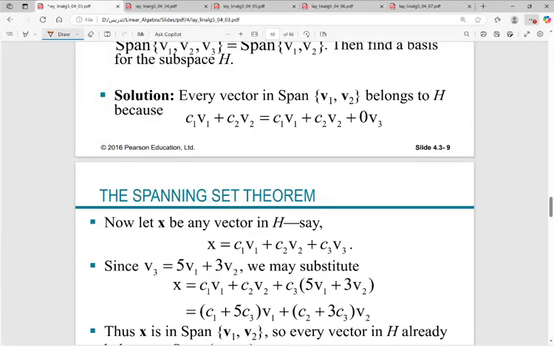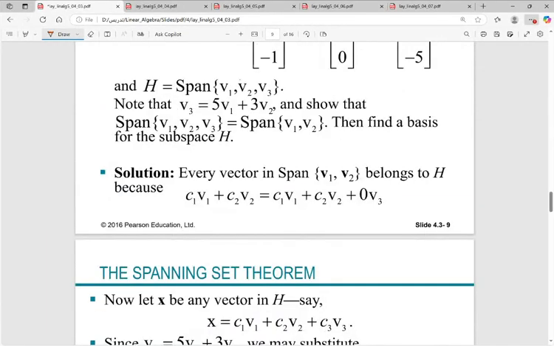But if you really care about this explanation in the slide, it wants to say that any vector which is a linear combination of V1 and V2 is also a linear combination of V1, V2, and V3.